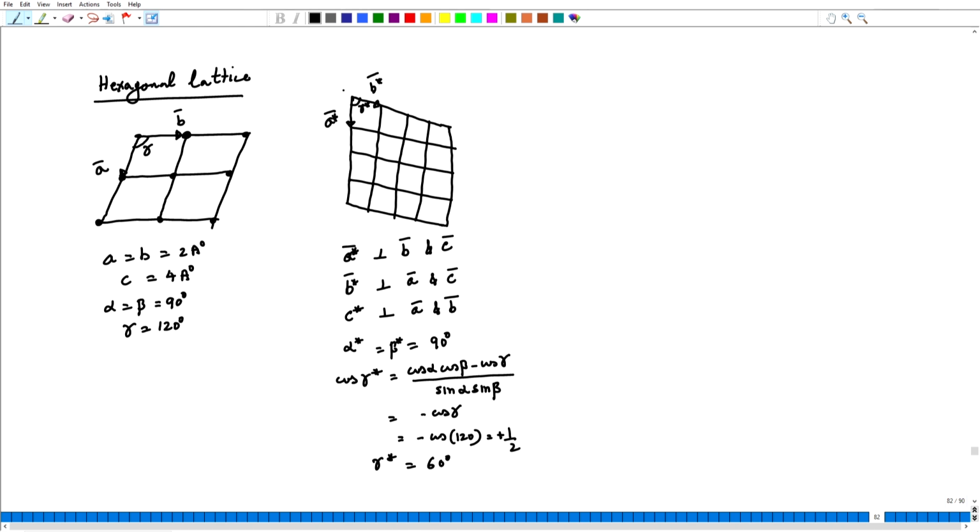And then one can also compute what would be A star, B star, and so on, by simply looking at what is A star.